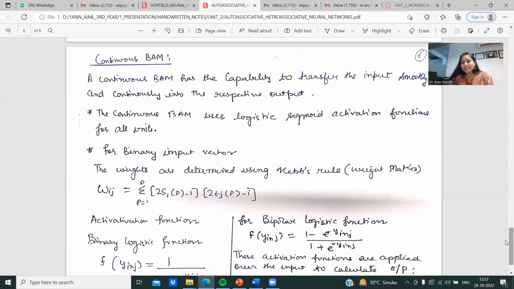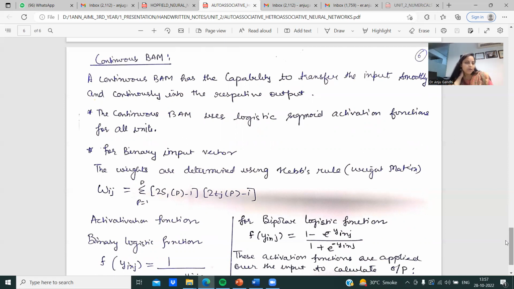Now, last is the continuous BAM. The continuous BAM has the capability to transfer the input smoothly and continuously into the respective output. The continuous BAM uses logistic sigmoid activation functions for all the units we have. For binary input vectors, the weights are determined using the Hebb weight matrix.